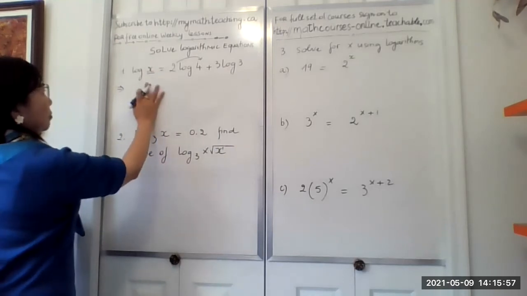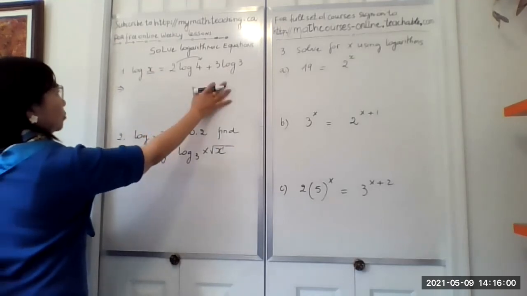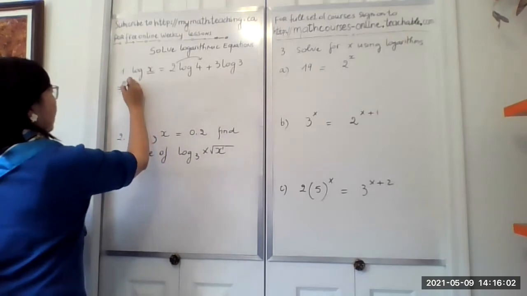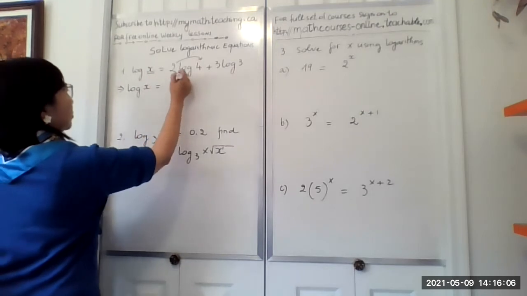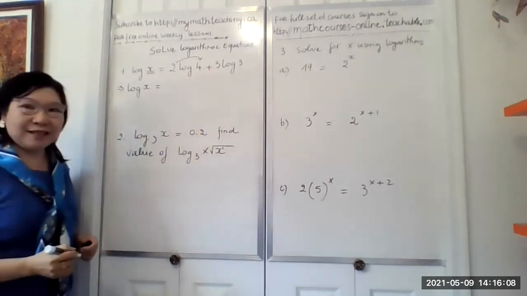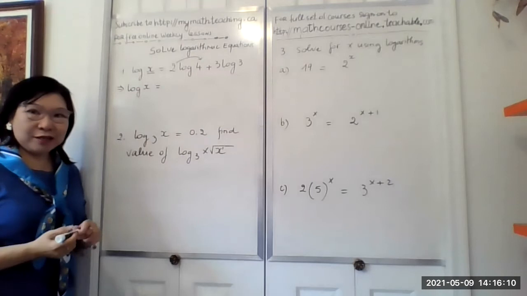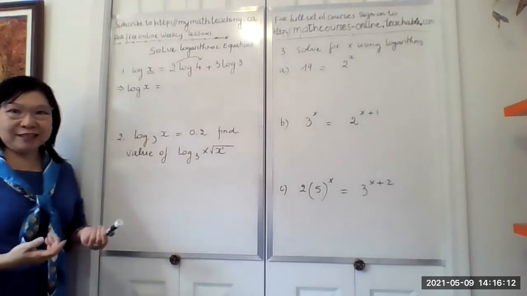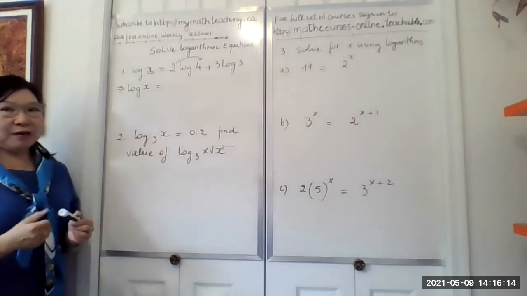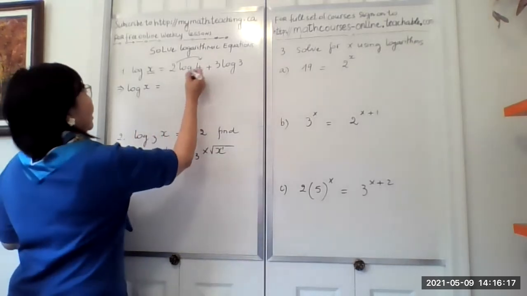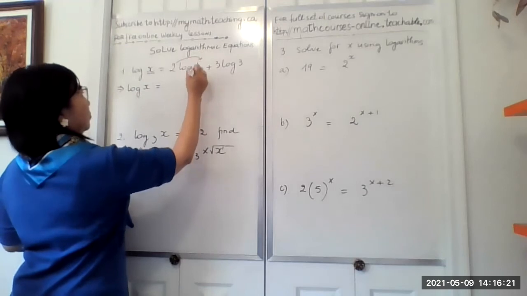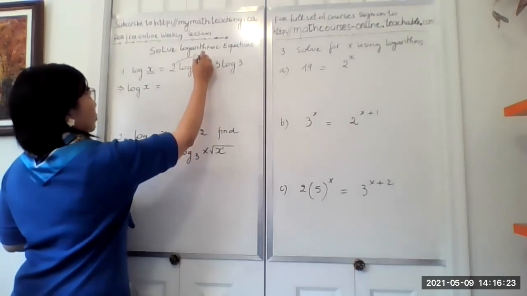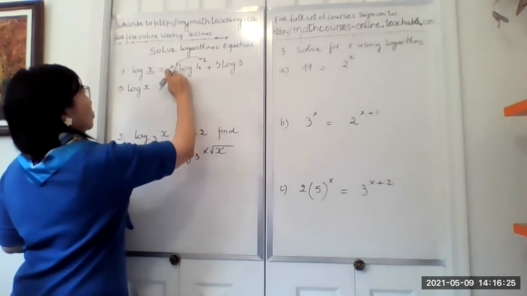I'm going to leave the left side the way it is, and approach the right hand side. I'm going to combine this using the product law, multiplication, where adding becomes multiply. I'm also going to bring the 2 to the top, so I will make this 4 to the power 2.